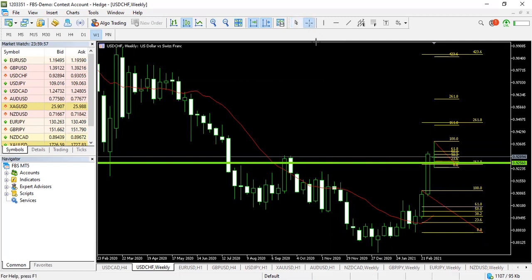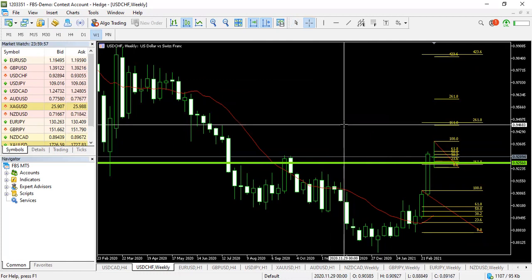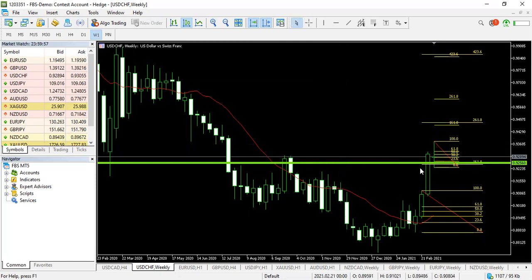The next important zone would be 0.94800 or 700, but it's also a bit far for now, about 170 pips. So we're not sure if this pair will get there and then start selling.